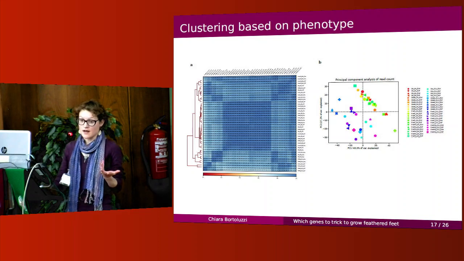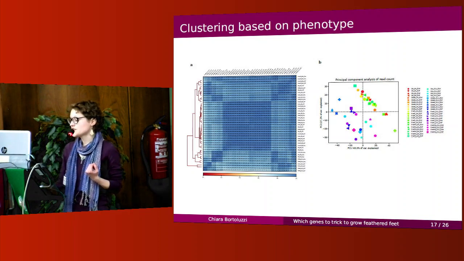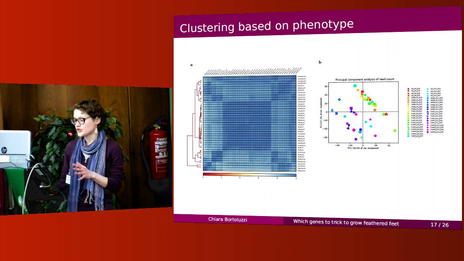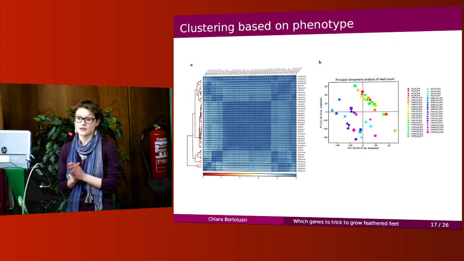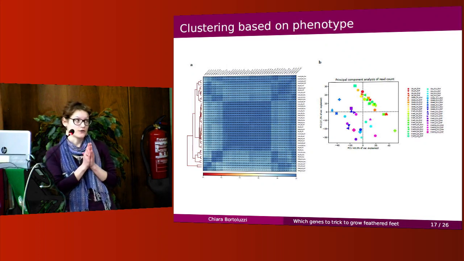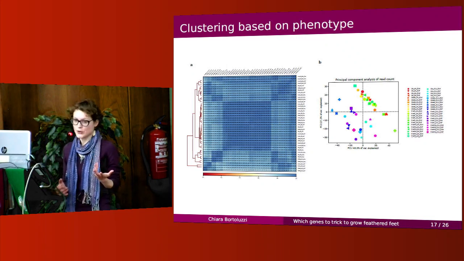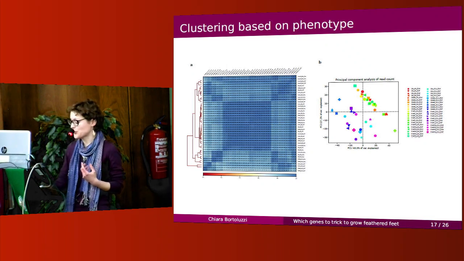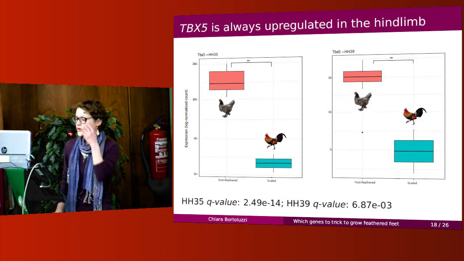And then we did an RNA-seq analysis. And as you can see from this picture, it was really nice to see that our samples clearly cluster based on the presence of the phenotype, because of course we also had controls to really prove that we were observing differences in expression. And that's indeed what we saw.